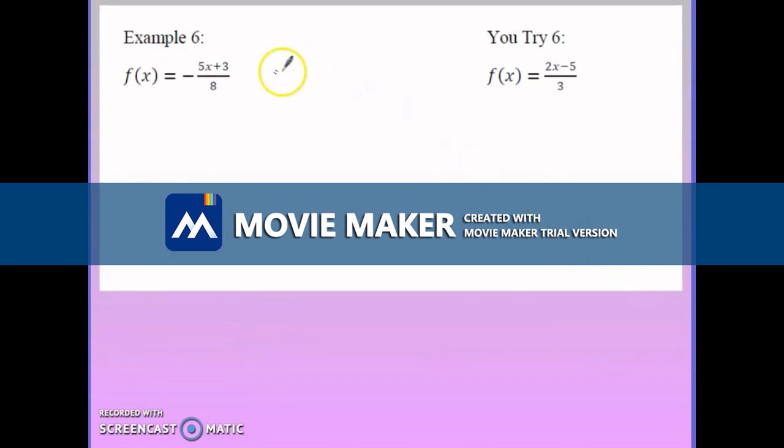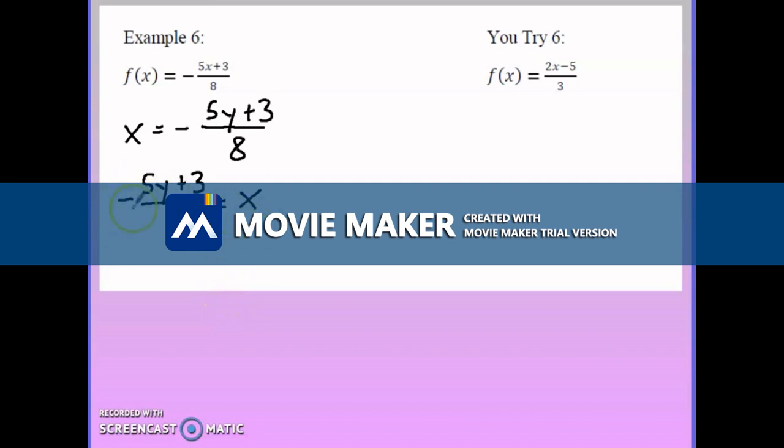So in example number 6, same thing, you just have more stuff to deal with, an expression in the top and the denominator. So again, we will do x equals negative 5y plus 3 over 8, or negative 5y plus 3 over 8 equals x.